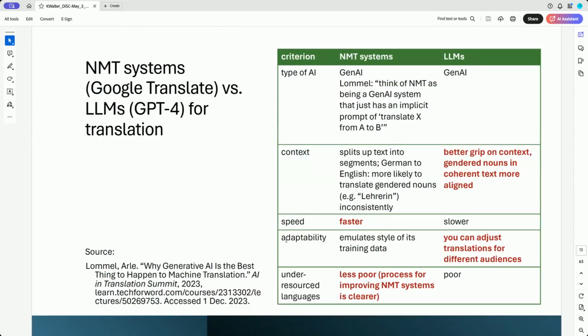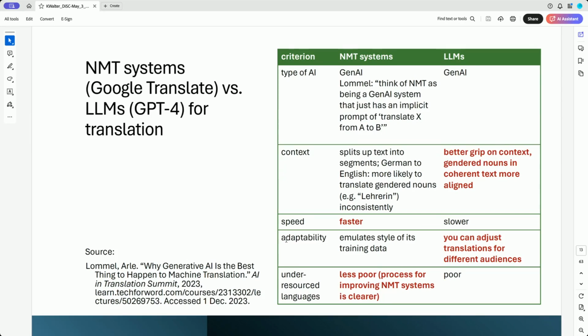This is a talk by Arl Lommel from the AI in Translation Summit in November 2023, and he compared Google Translate and GPT-4 for translation based on different criteria, comparing the performance. As far as context is concerned, large language models have a better grip on context, which in practical terms means that if you've got a longer text, say about a Lehrerin, and translate that into English, the pronouns are expected to be more aligned if you work with a large language model.